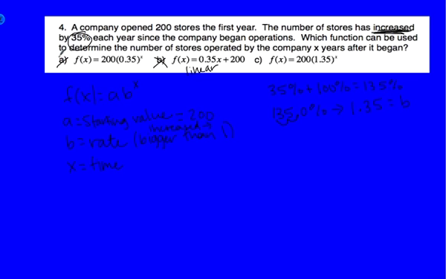I can also eliminate A because it tells us the number of stores increased, which means my B value has to be bigger than 1. And so C matches everything we need. Our function should look like f of x equals 200, because that's our A, times 1.35 to the x, because x represents our years after it began.